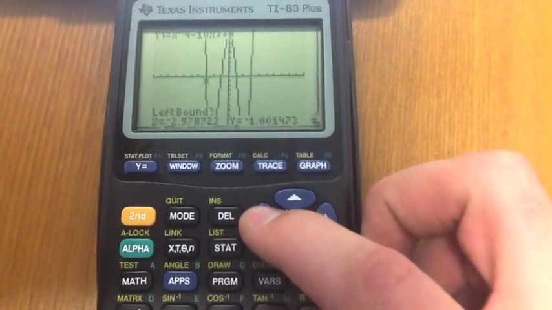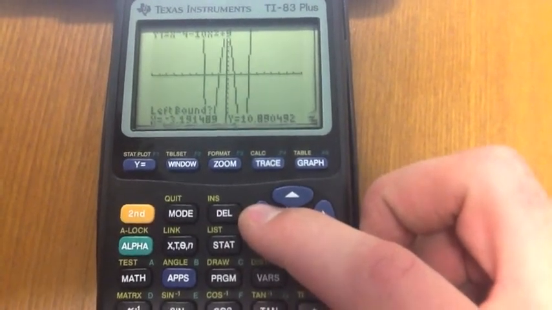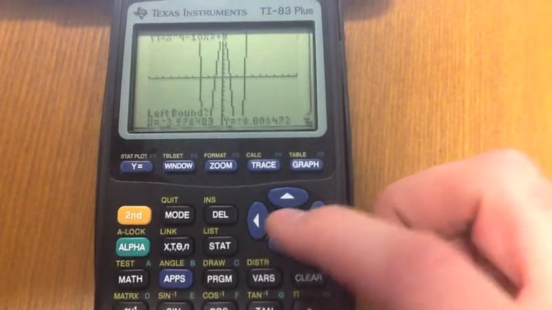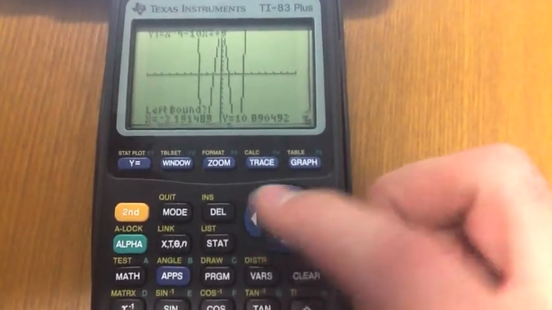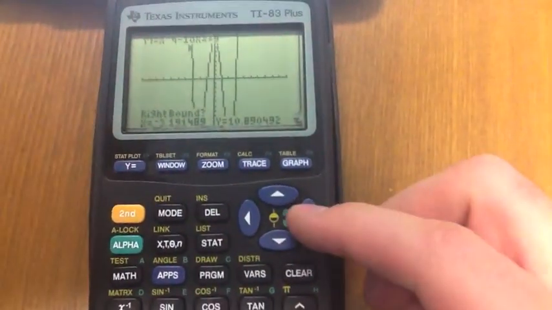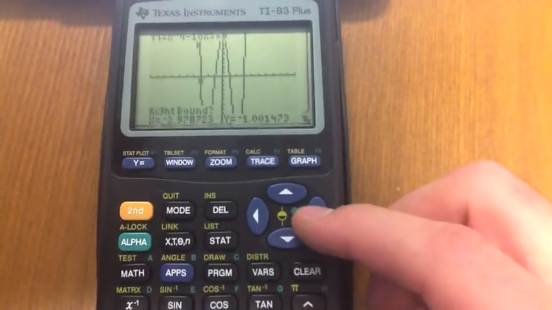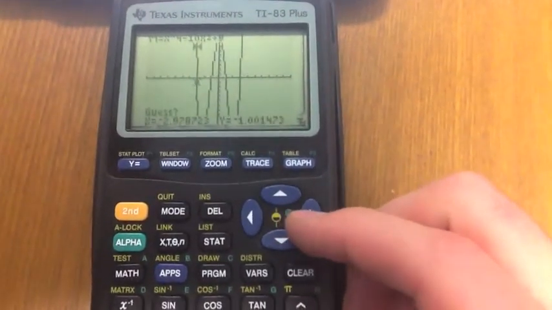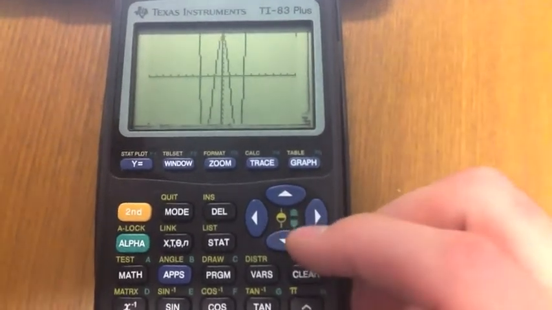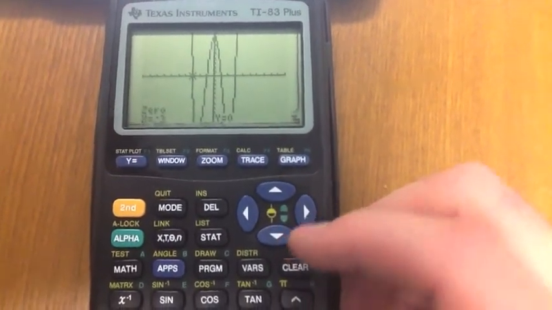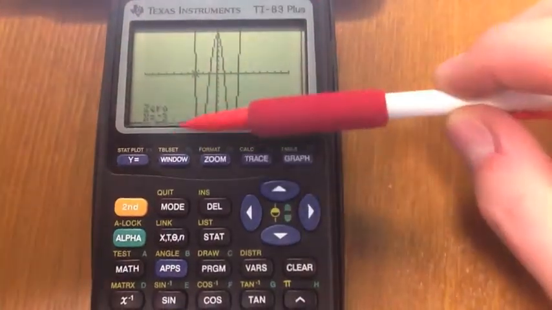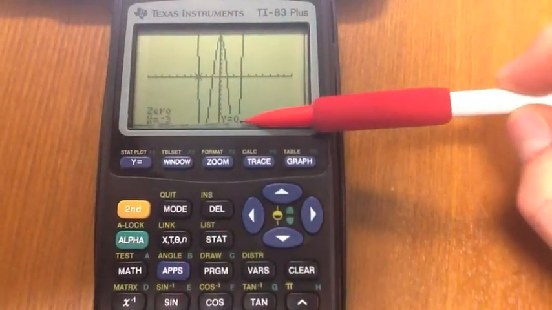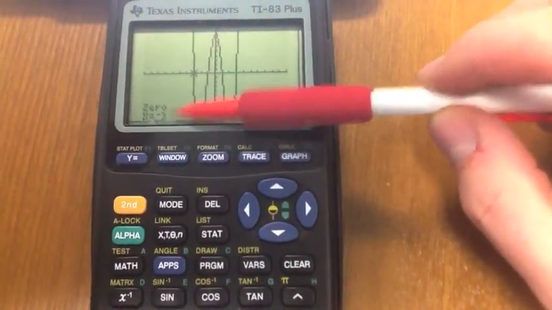We want to go above somewhere, and that jumped off the graph, but we know that was below, so the next one has to be above. So I'm going to hit enter for my left bound. I'm going to push to the right. Now I'm below that 0, so that's my right bound. Enter. And of course I want to guess. It'll calculate for a second, and you'll see that our first 0 is at -3.